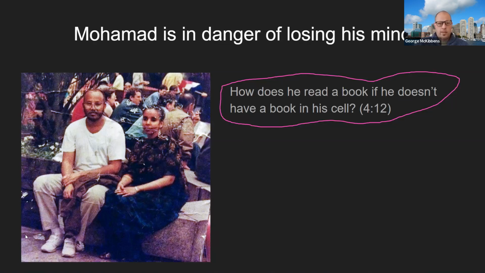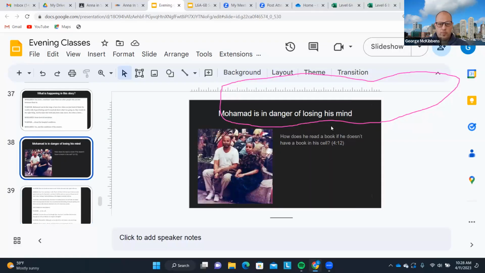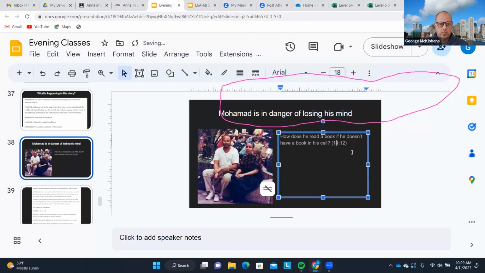Oh, I just realized the timestamp was wrong. It's 14:12, not 4:12. Here we go. Okay, Marcella, are you here? Yes, no? Oh, yes, you're here. Thank you.